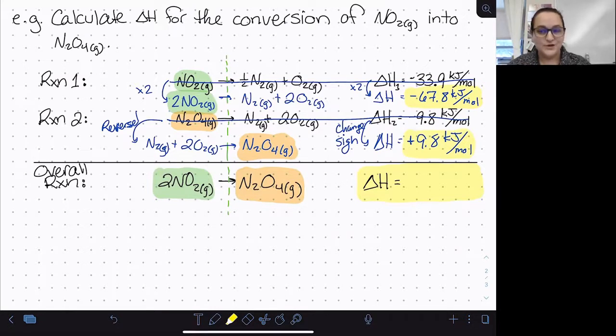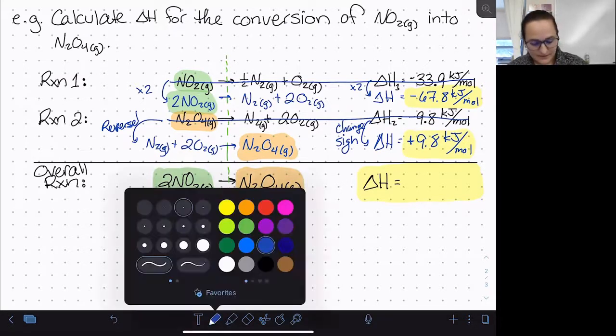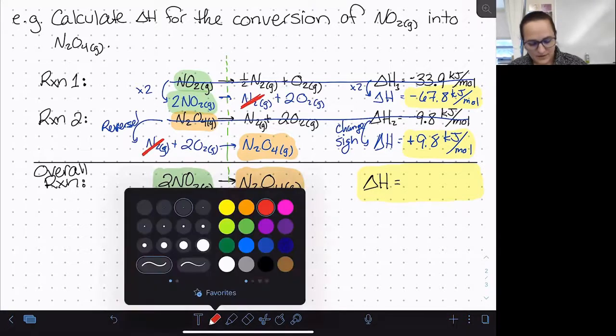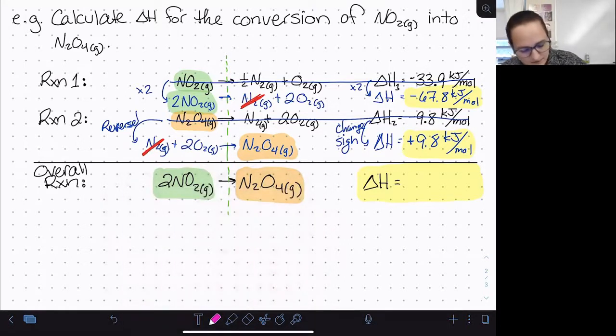At this point, we should find that everything else cancels out. And if we look, we have 1 N2 on the left in reaction 2, 1 N2 on the right in reaction 1. Those cancel out. We have 2 O2 on the left in reaction 2, 2 O2 on the right in reaction 1. Those cancel out. So everything is where it needs to be in the correct number.